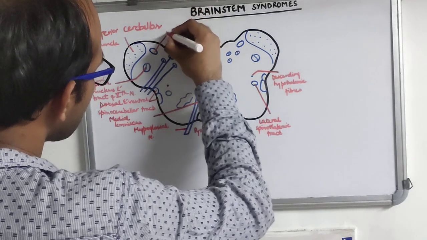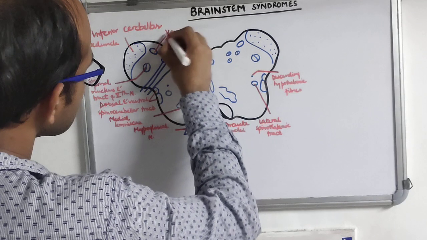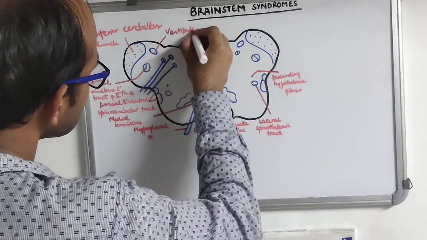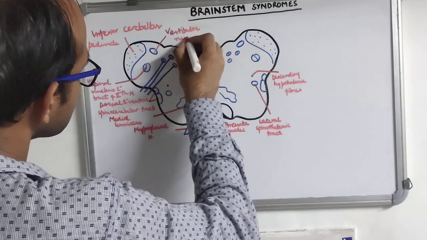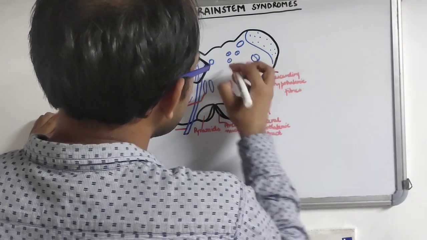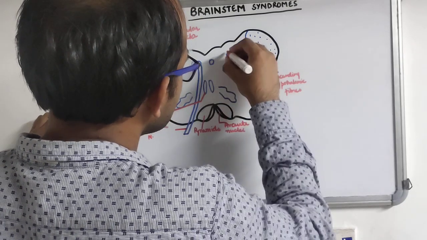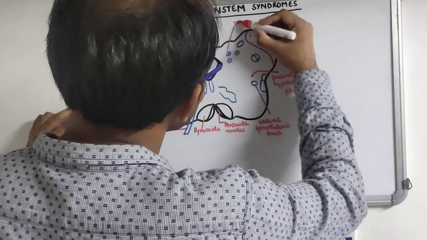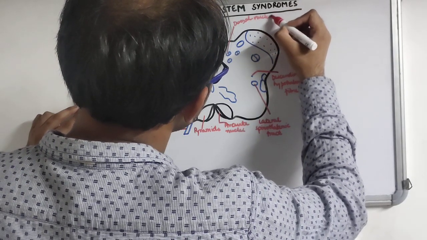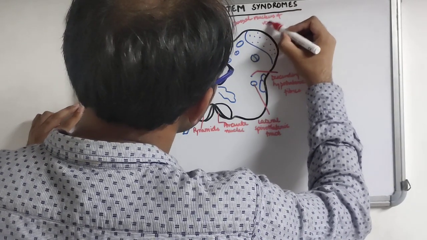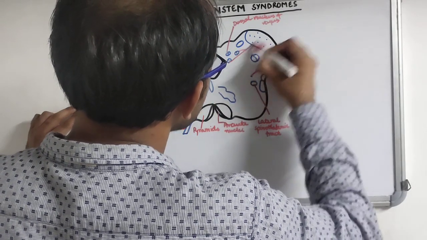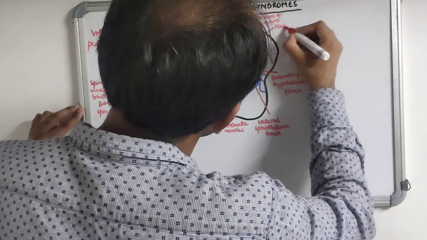This is the vestibular nuclei. This is the dorsal nucleus of vagus. Nucleus tractus solitarius and nucleus ambiguus.